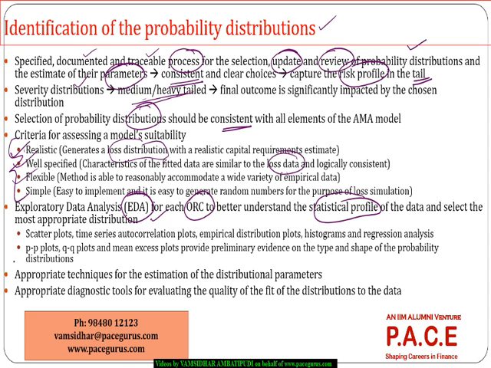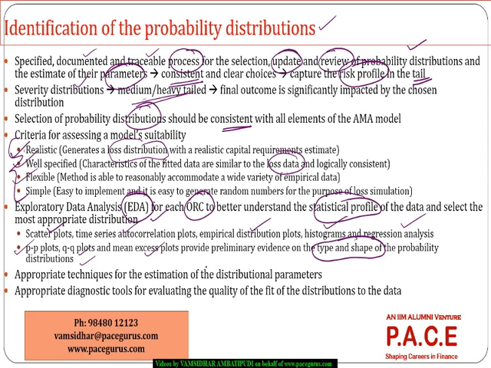You can use different kinds of tools like scatter plots, autocorrelation plots, empirical distribution plots, histograms, regression analysis, PP plots, QQ plots, mean excess plot. Different kinds of statistical processes can be used to get an initial understanding regarding the type and shape of the probability distribution that we really require.